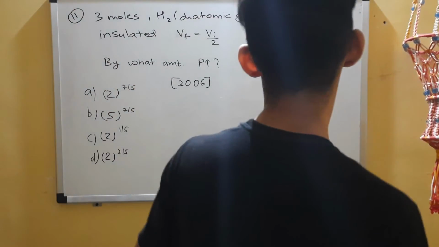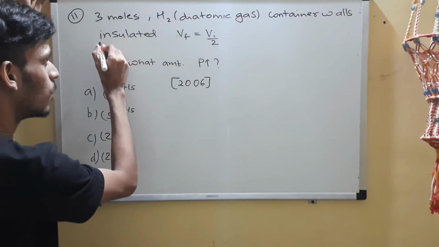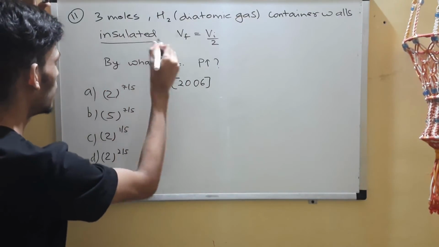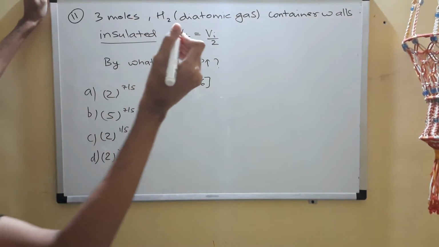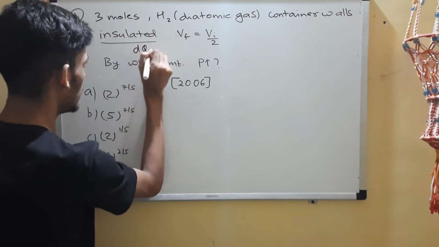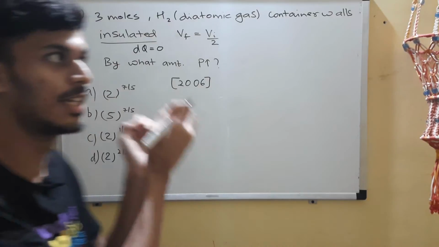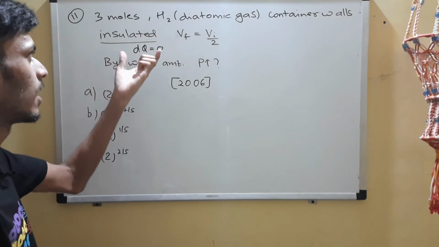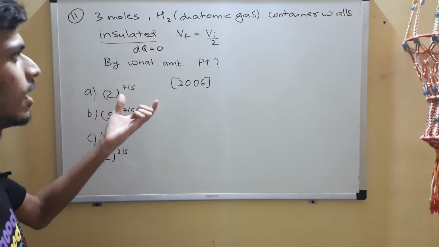Now something is hidden over here. The hidden thing is that the walls of this container are insulated, which means that there will be no exchange of heat. This process is adiabatic, dQ is 0. That is not relevant over here.